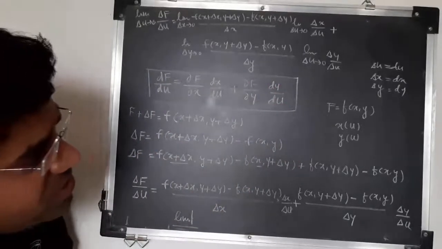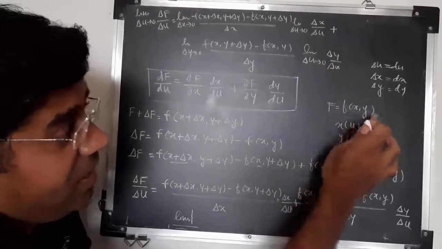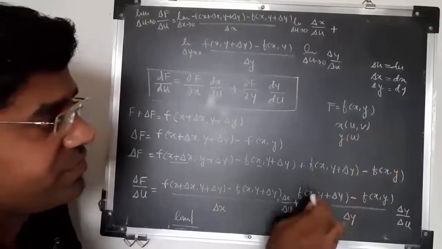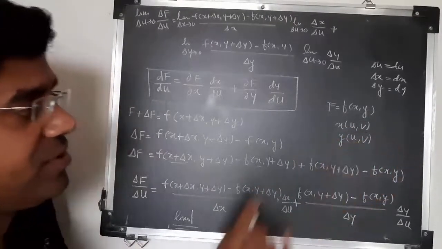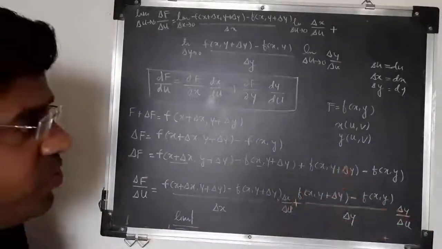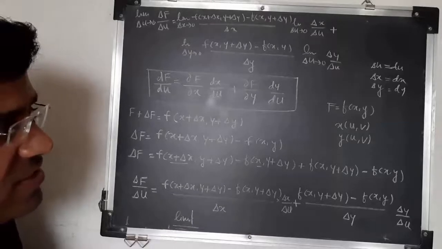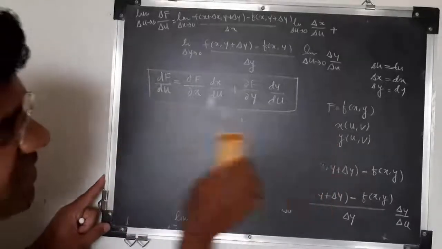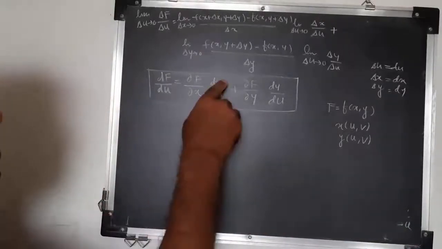Now suppose f is a function of x and y, and x is again a function of u and v, and y is a function of u and v, meaning two variables or more than two variables. So what is the general formula in this case? For a single variable we wrote x as a function of u only.